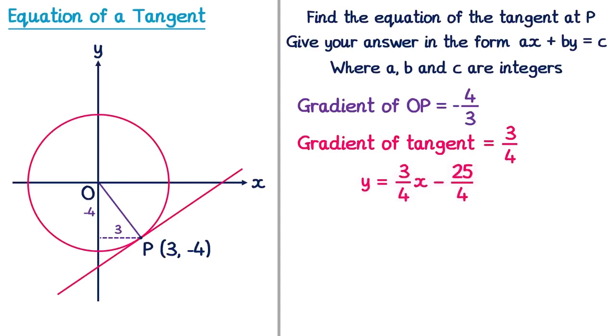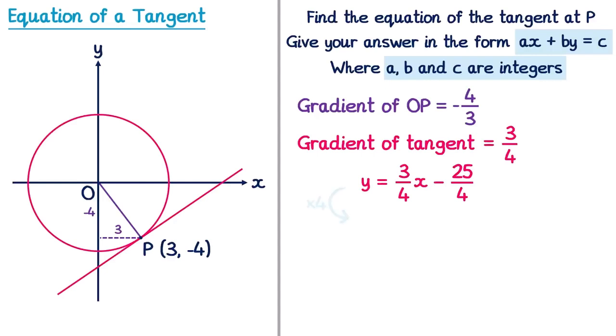However, this isn't the answer to the question because it did say to give it in the form ax plus by equals c, where a, b, and c are integers. In order to write it in this form, I'm going to first multiply both sides by 4. This is because my fractions have 4 as their denominator.